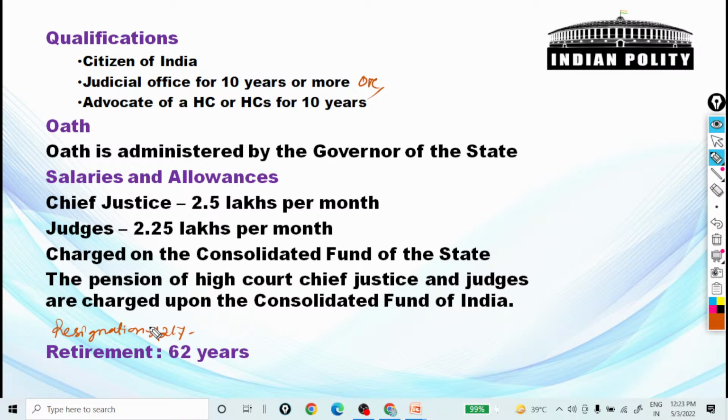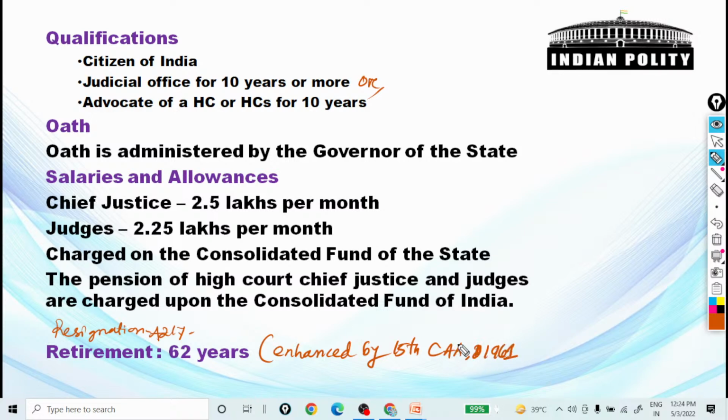Tenure is not fixed for the High Court judges. They don't have a particular period of time as tenure. They remain in office until they retire at the age of 62, and this age has been enhanced by the 15th Constitutional Amendment Act, 1961.